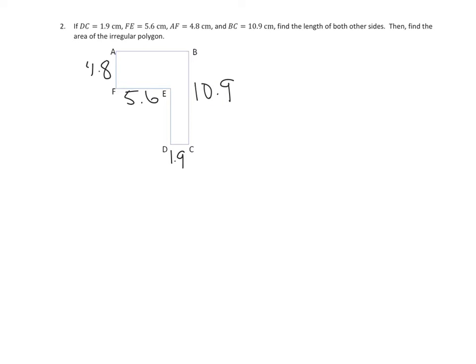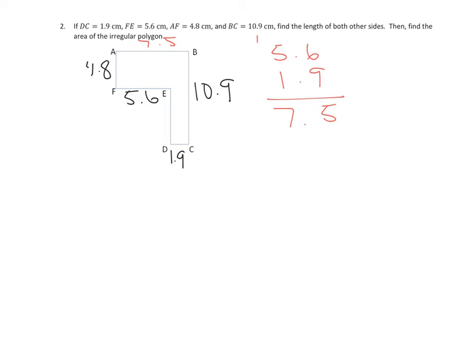To find AB, you would take 5.6 plus 1.9. So 5.6 plus 1.9 gives us that AB is 7.5.